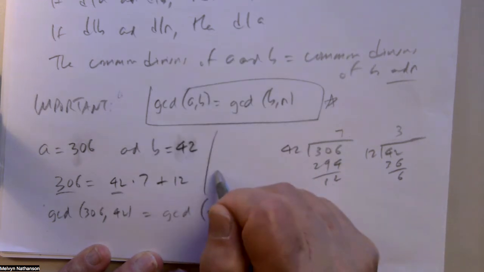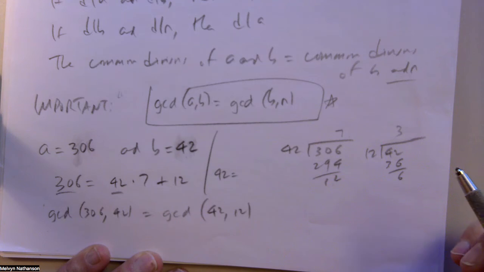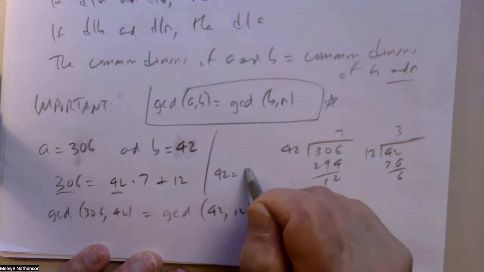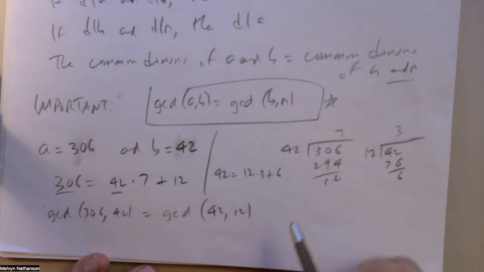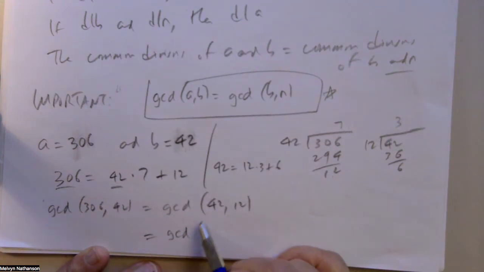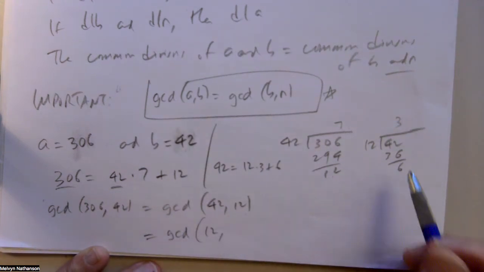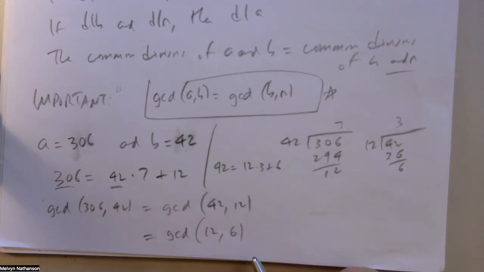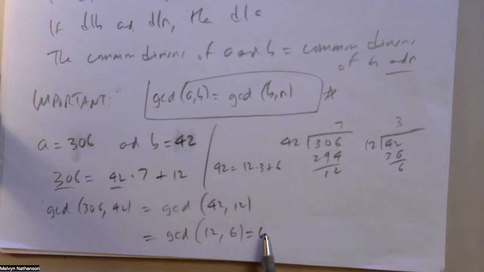So 42 is 12 times 3 plus 6. So the greatest common divisor of 42 and 12 is the same as the greatest common divisor of 12 and 6. And this we can tell by looking. The greatest common divisor of 12 and 6 is 6. So 6 is the greatest common divisor of 306 and 42.